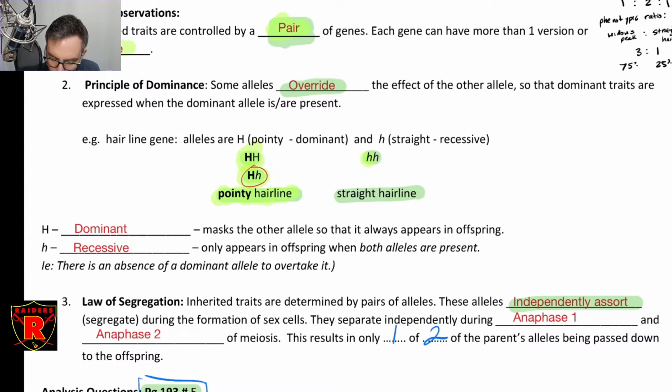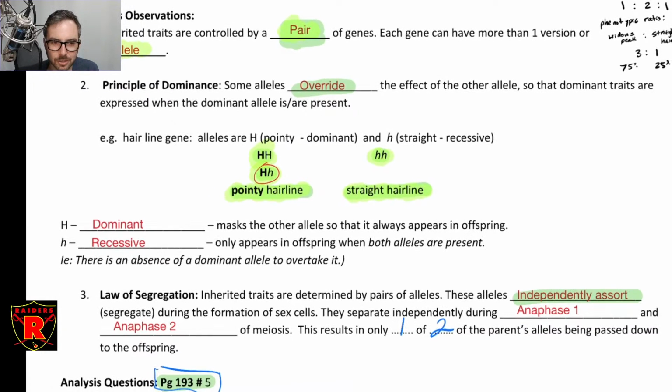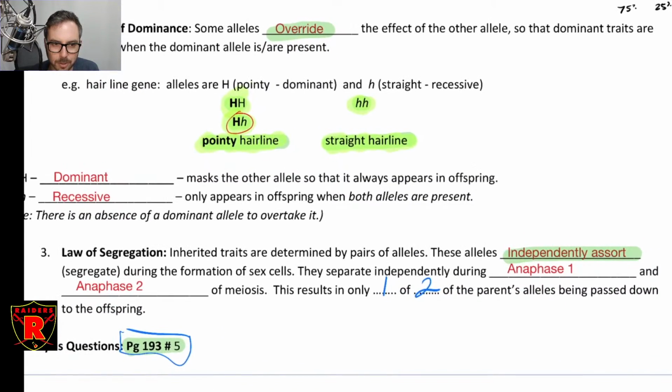But if you have two recessive alleles, then there's no dominant trait to override the recessive, and you're going to show the recessive trait. So that's called the principle of dominance. This idea that there are dominant traits and recessive traits, and the dominant will always override the recessive if it's present. Okay? And then there's just a little definition of what dominant and recessive mean.